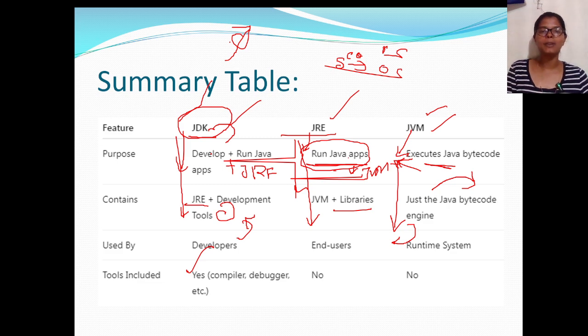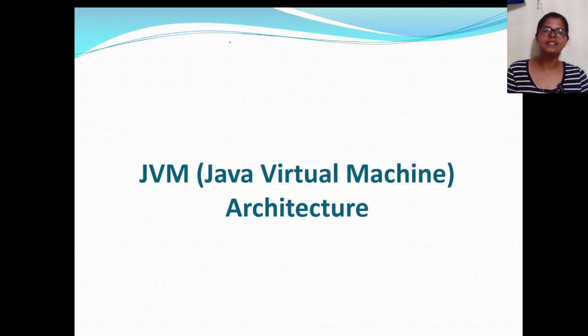JDK has a development toolkit plus JRE. JRE has runtime environment libraries plus JVM. JVM is like an engine to execute a Java program on different operating systems. We'll see the complete architecture of JVM in the next class. In this class, we just discussed the differences between JDK, JRE and JVM.